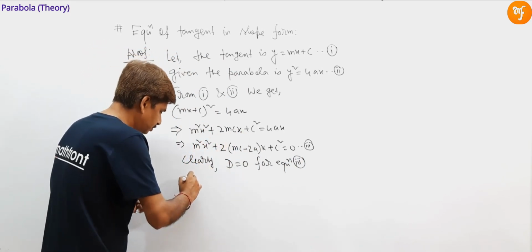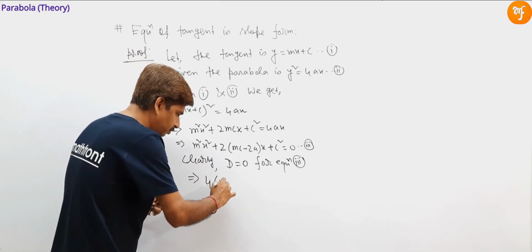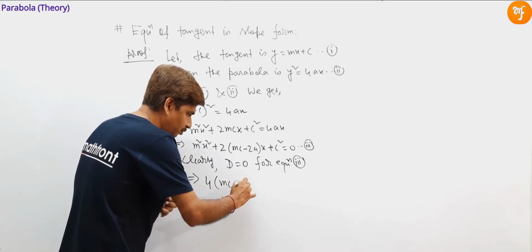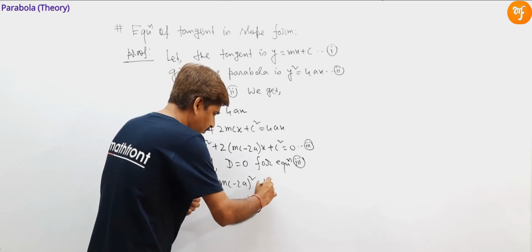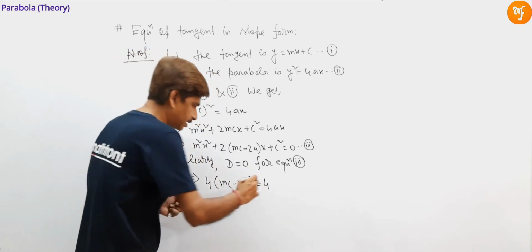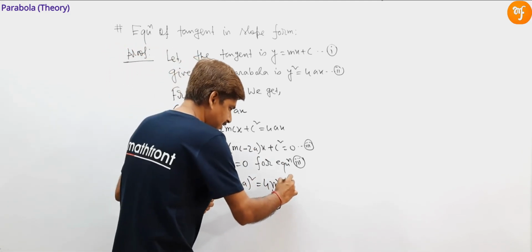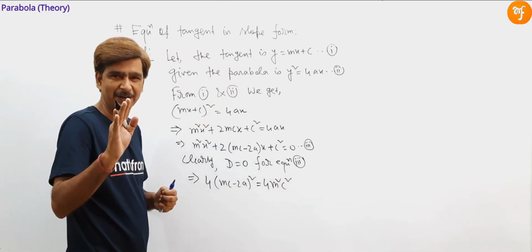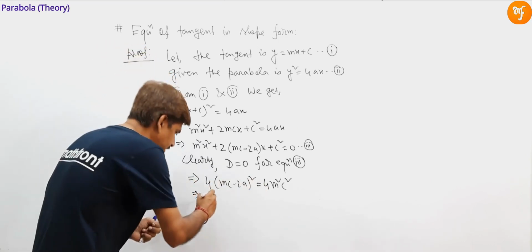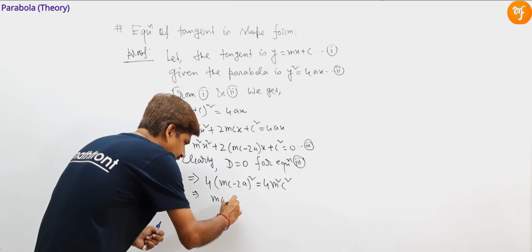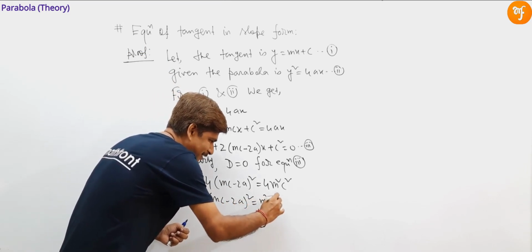So, we can say b square, that is 4 into (mc minus 2a) whole square, is equal to 4ac, that is 4a is here m square and c here c square. So, we can write this as 4m square c square. Okay. So, we can cancel 4 from both sides. So, we get (mc minus 2a) whole square is equal to m square c square.